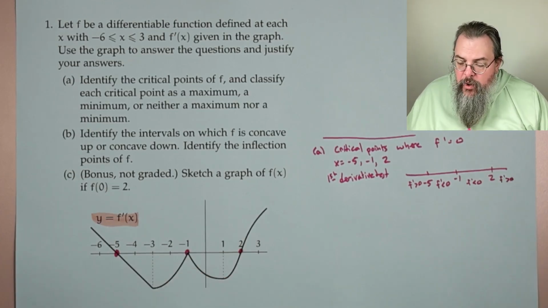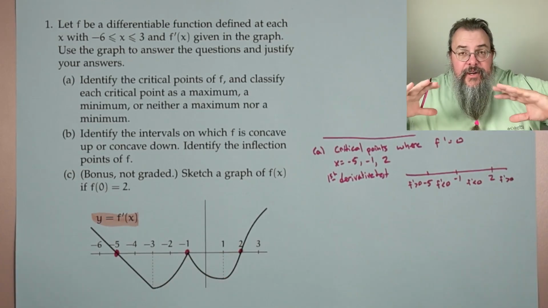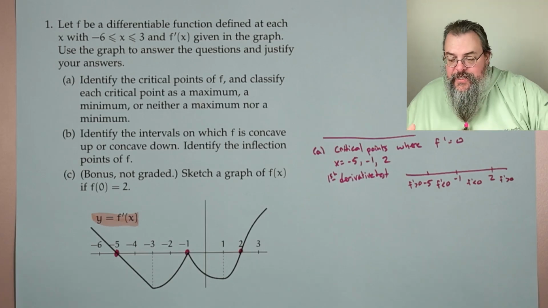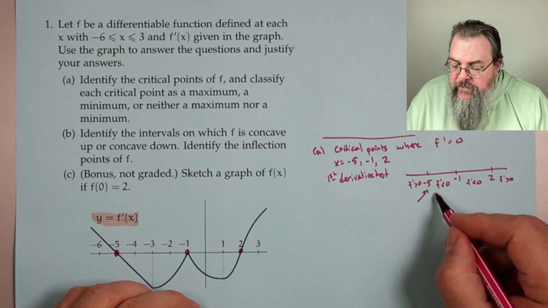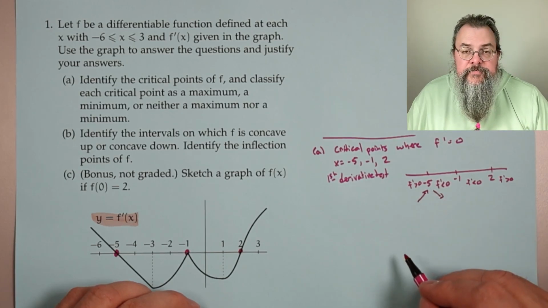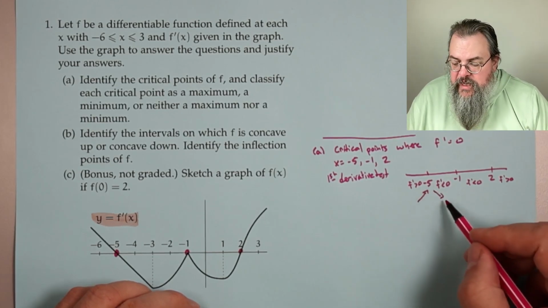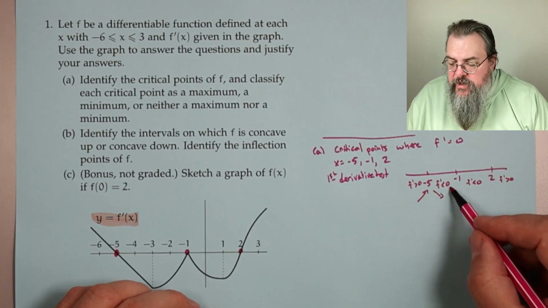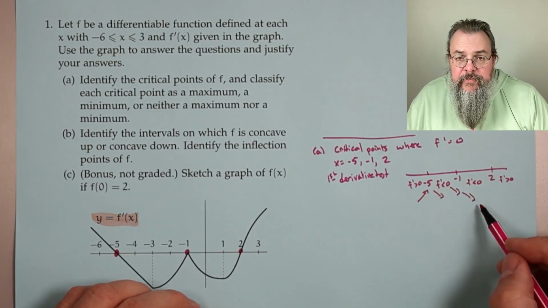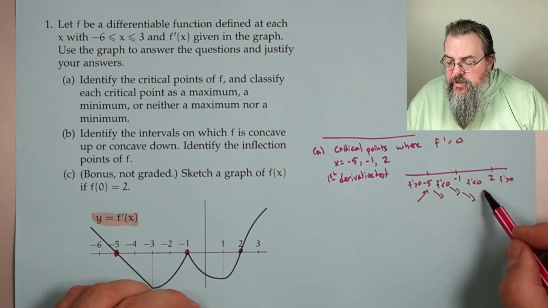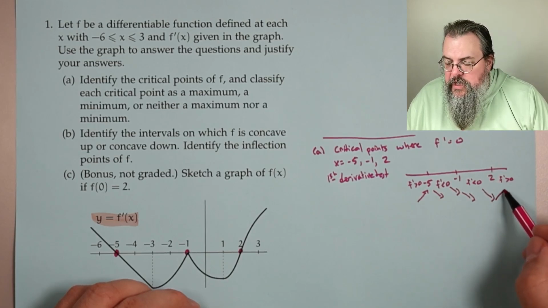Now, that tells us increasing, decreasing. So we see we're going increasing, then we're going decreasing, because positive, negative. Here, we're decreasing, then we're decreasing. Negative, negative. And here, we're decreasing, then we're increasing.